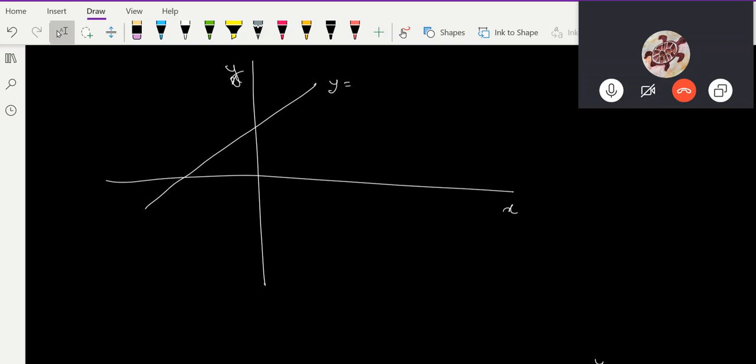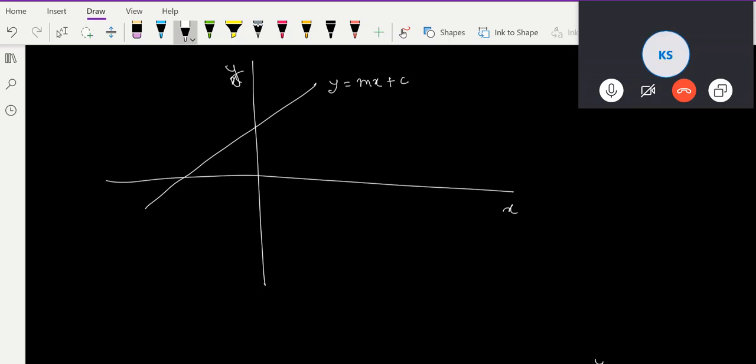y equals mx plus c, right? Is m positive or negative? Positive. So why is m positive?